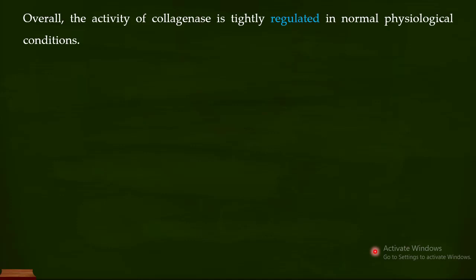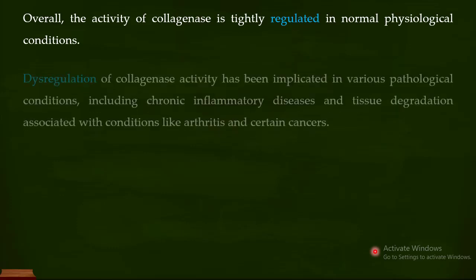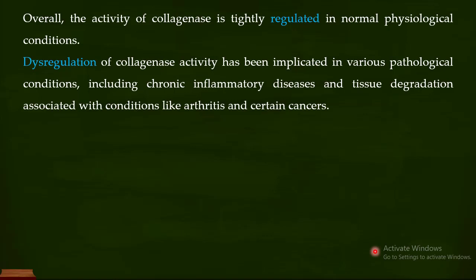They are only released when they are needed, for example, if there is an infection. Dysregulation of the collagenase activity has been implicated in various pathological conditions, for example chronic inflammatory diseases, tissue degradation like arthritis, and certain cancers. So you have to tightly regulate the release of the collagenases so that the collagen remains in its stable form and performs its normal physiological functions.